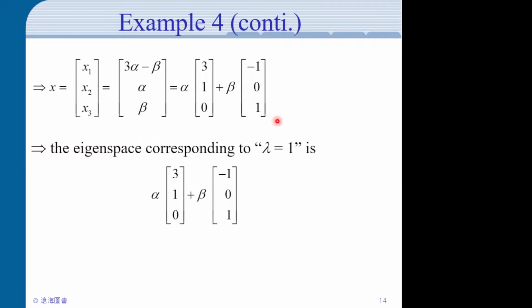Okay, so the eigenspace is spanned by those two vectors, and the things inside the eigenspace can be written as alpha times 3, 1, 0 and beta times minus 1, 0, 1. Okay. Any question about this more complicated example? Not? Then let's go to the next example.